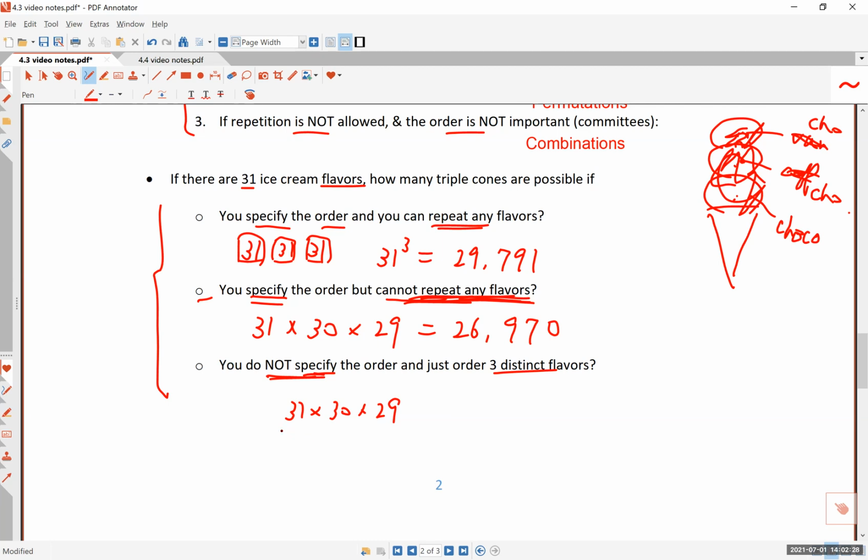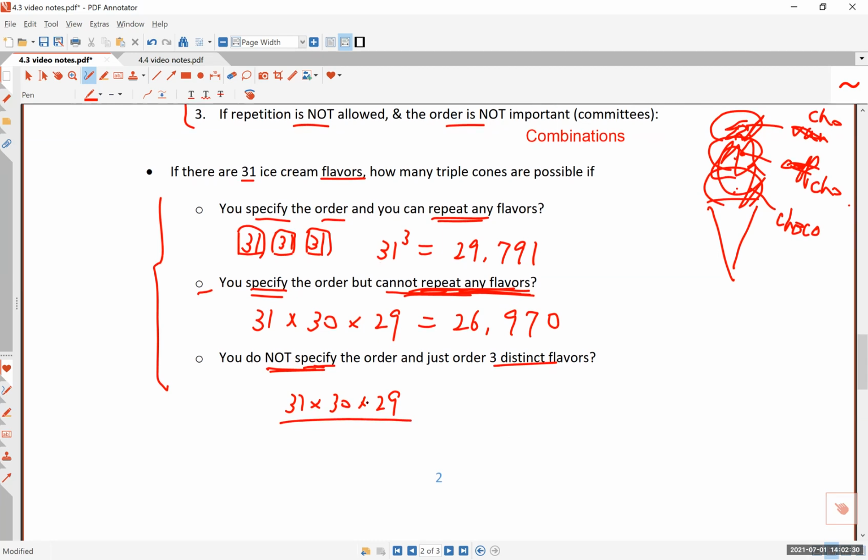You have 26,970 different ways to order or specify the 3 distinct flavors, but they come in groups of 6. In other words, the triple cone consisting of flavors ABC is the same as the one with the flavor BCA and CBA and so on.